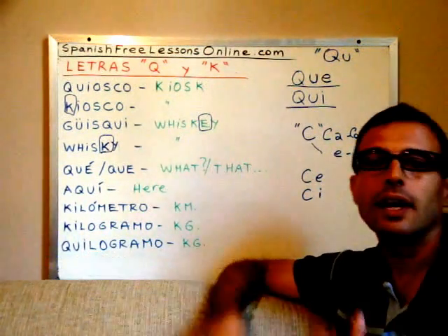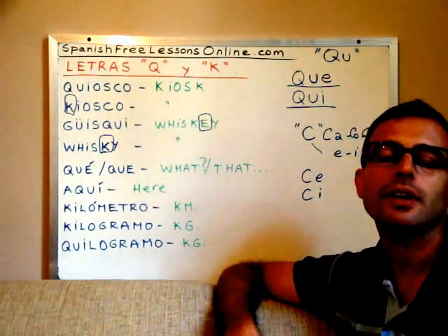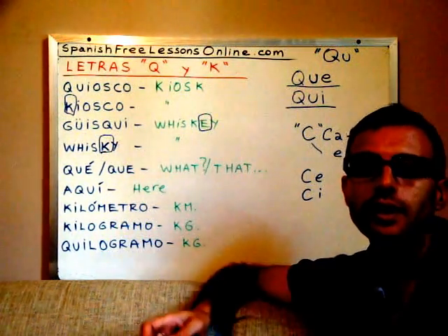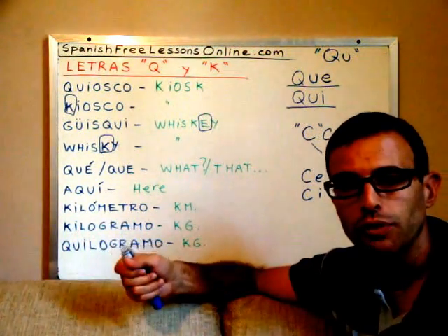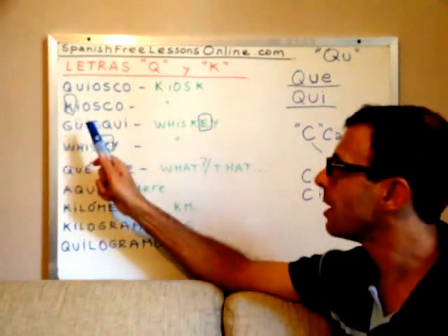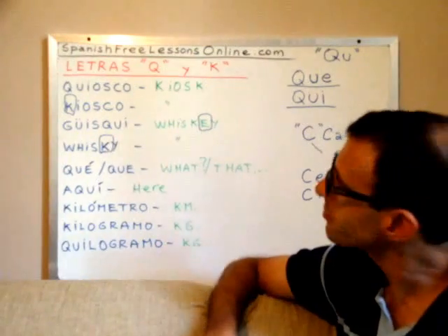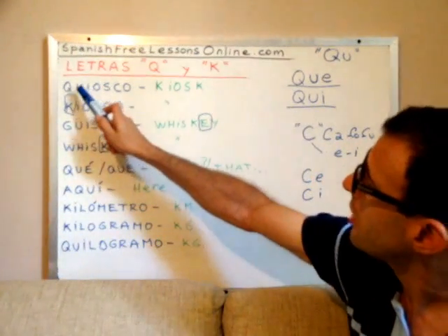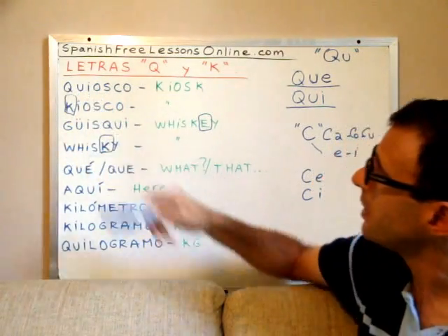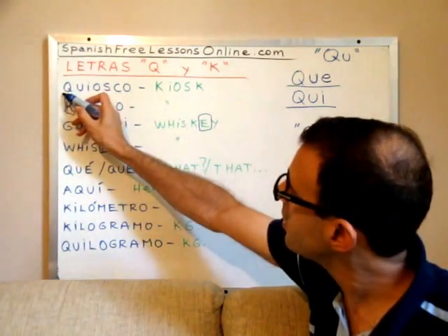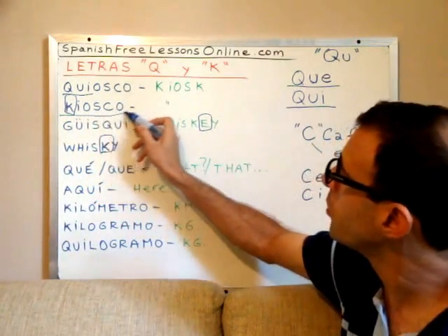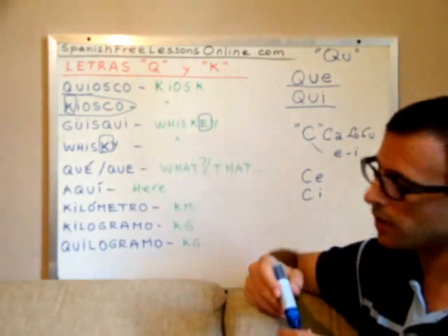However, after some years, the Spanish language has decided to incorporate fully those words into the language, so they have decided to replace the K by a QU, okay? So, quiosco is how it's written nowadays, with Q, U, and I. Although the old way is also okay, right?